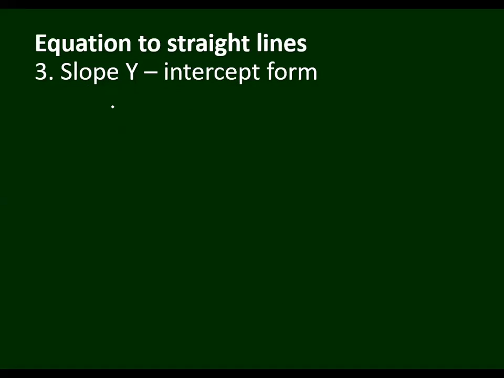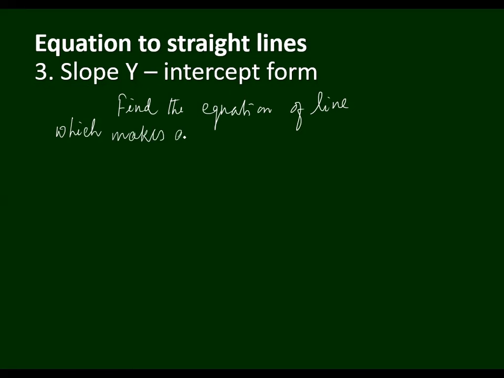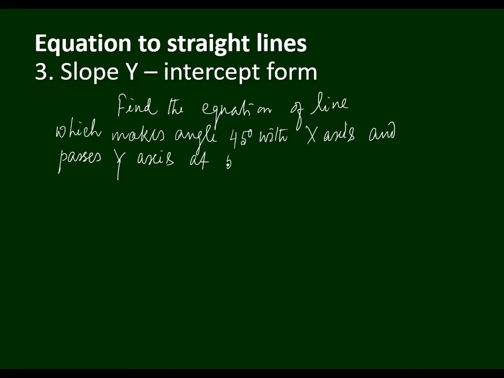Now let us take one example. Find the equation of the line which makes an angle of 45 degrees with the x-axis and passes the y-axis at 5.